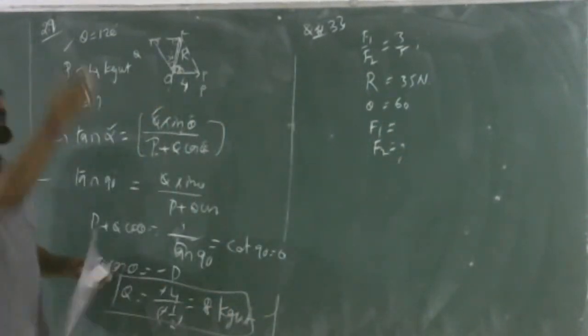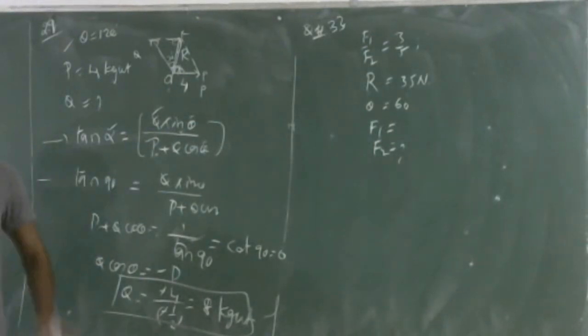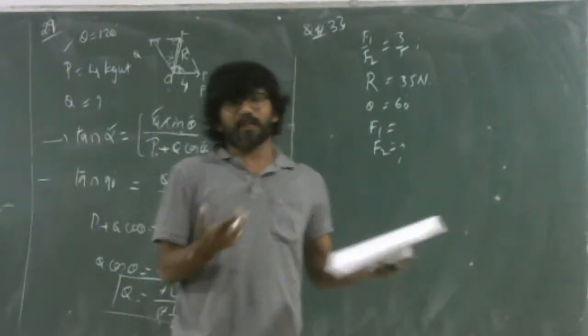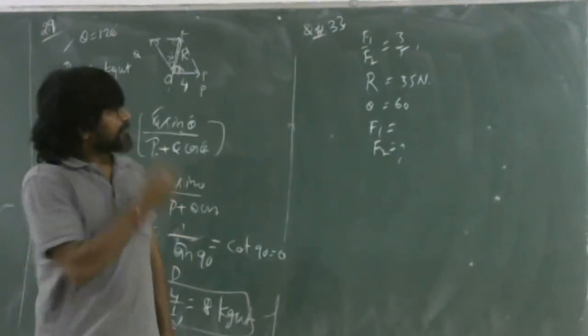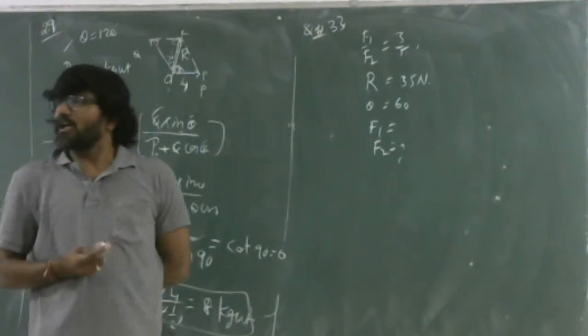3 by 5 ratio means you can take the first force as 3x and the second force as 5x. Then if you find the x value by using the given data, you can find F1, F2. How can you find it?